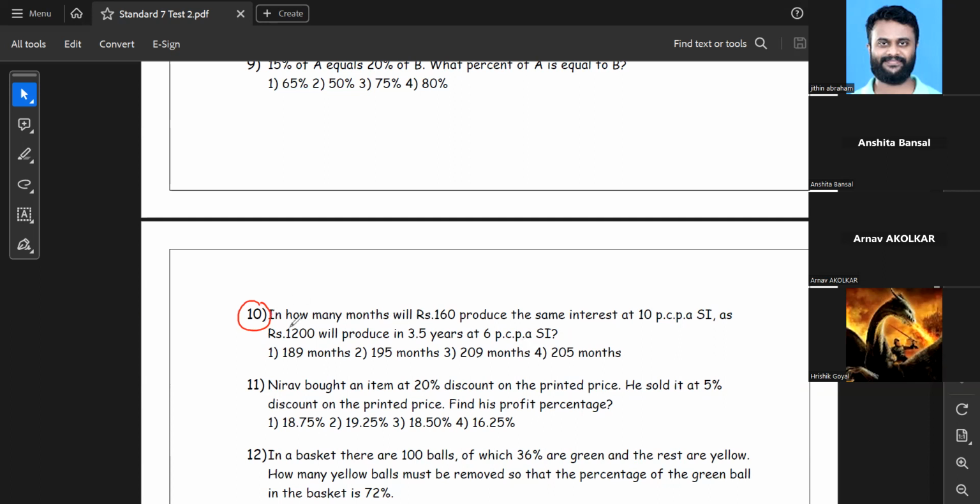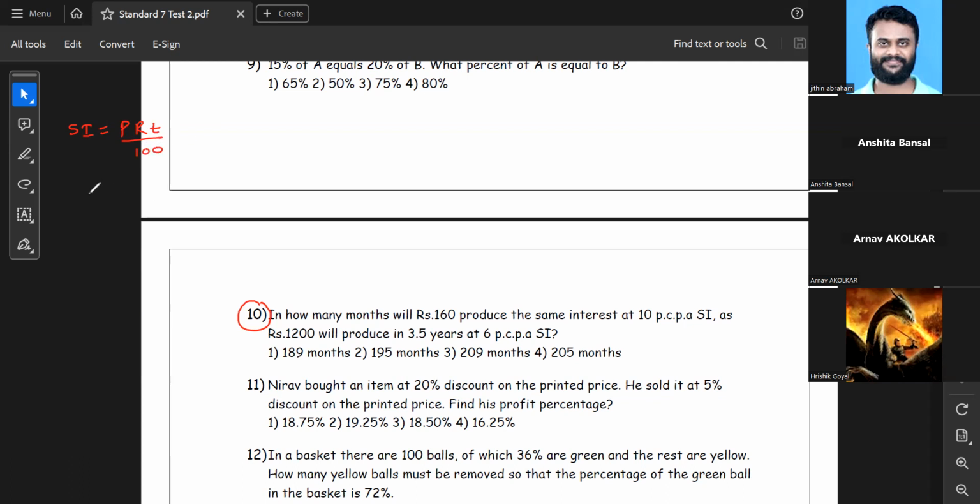How many months produce the same interest? So the interest should be same. Okay, so simple interest formula is basically PRT upon 100.